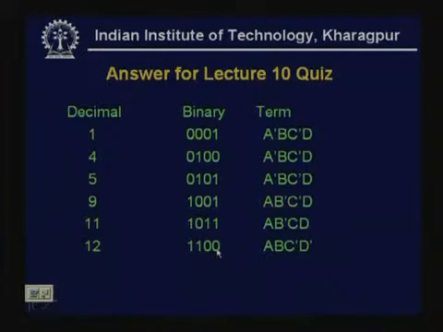Now, the min terms: 0 means complemented variable, 1 means uncomplemented.